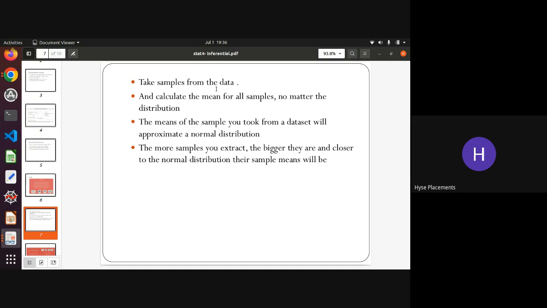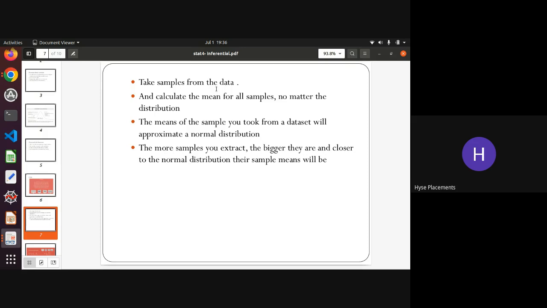I guess we took 4. Likewise, the more samples you extract, the bigger they are and the closer to your normal distribution, and that's how you can approximate the population mean. Okay, now you are getting my point, right?